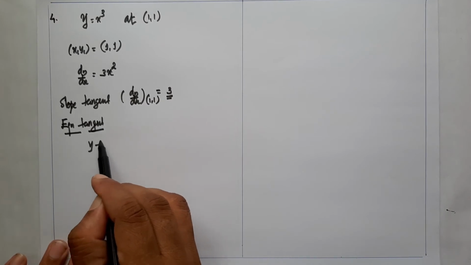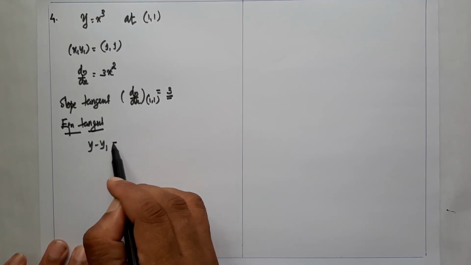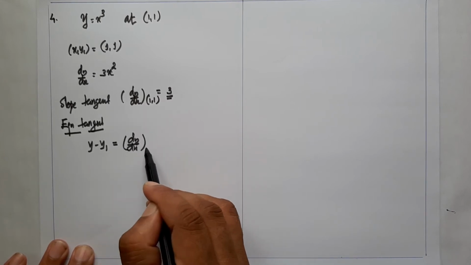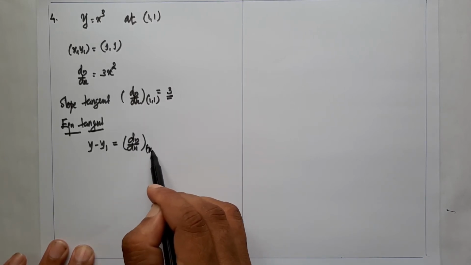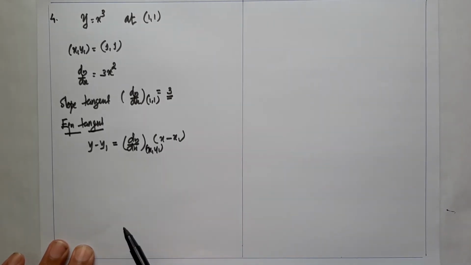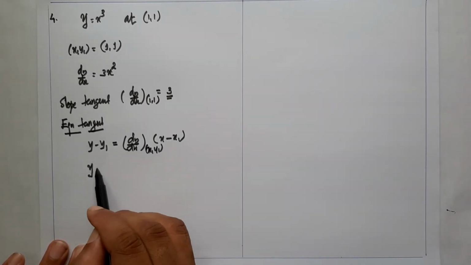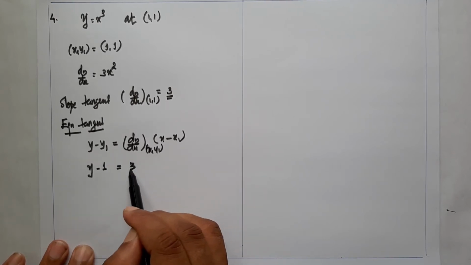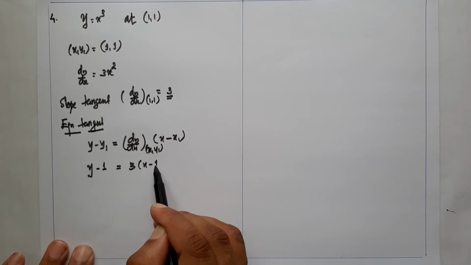You know the formula is y minus y1 is equal to the slope of the tangent, dy by dx at x1, y1, into x minus x1. Here x1, y1 correspond to the value 1, 1, that is y minus 1 is equal to 3 into x minus 1.